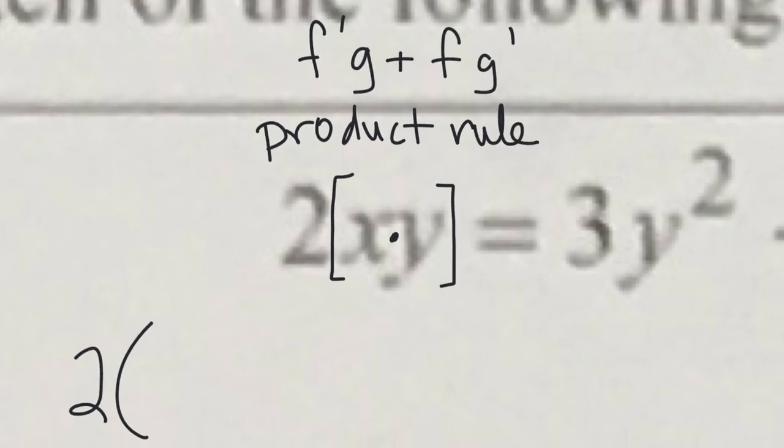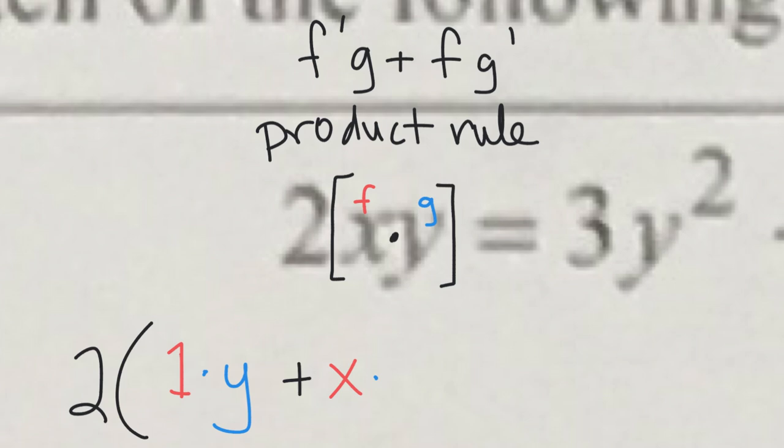Okay, so we're going to call x the f term and y the g term. So what's the derivative of x? 1, and then we're leaving y alone, so that's just 1y plus we're going to leave f alone, so that's going to be x times, what's the derivative of y? Y prime, right?